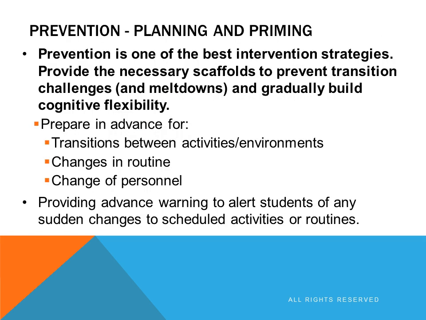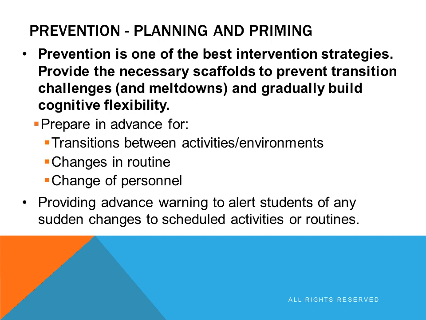Moving on to the next one, prevention. As I mentioned before, prevention is one of the best intervention strategies. We cannot expect children to have cognitive flexibility if they have cognitive deficits, so we have to gradually train them.